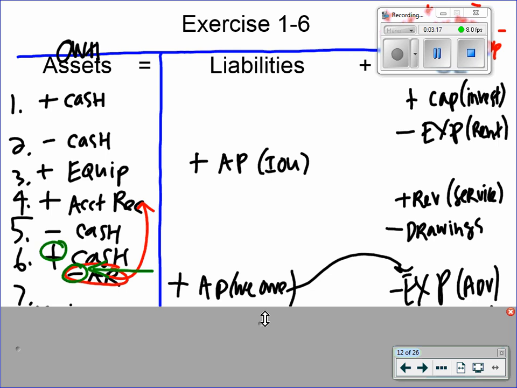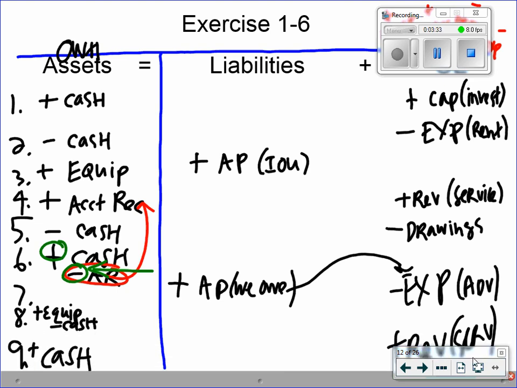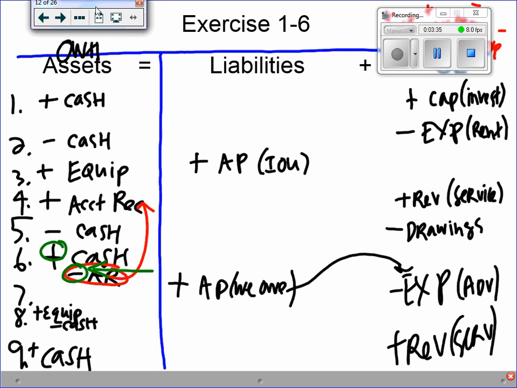Remember, anything liability-based is what we owe. Number 8, we bought equipment. We see an asset go up, but we paid cash for it. Good for us. Let's not add anything more to that liability list. And finally, number 9, we got cash because we sold something, making revenue go up again.